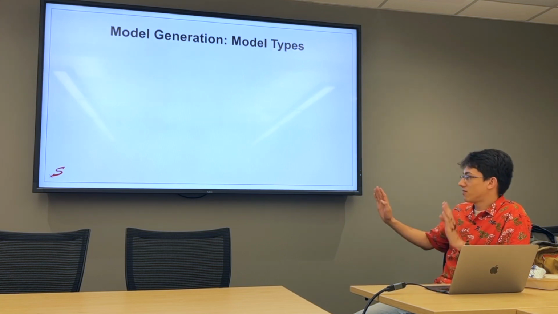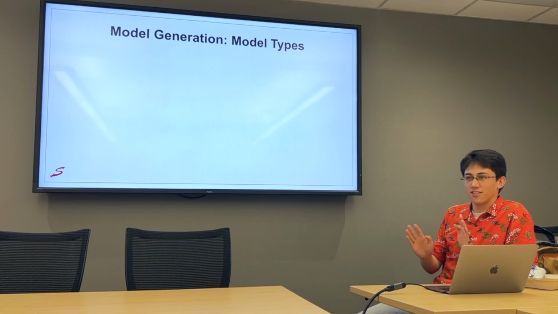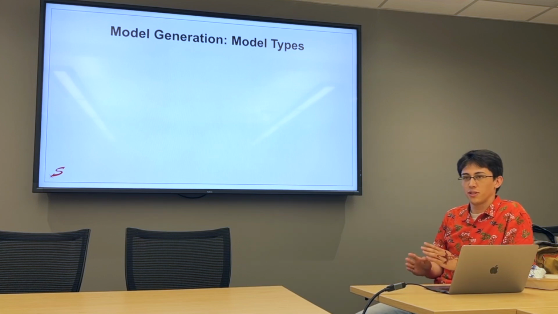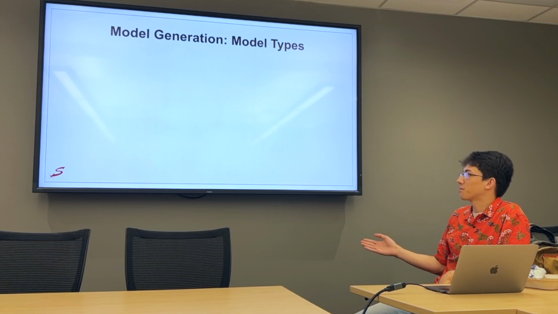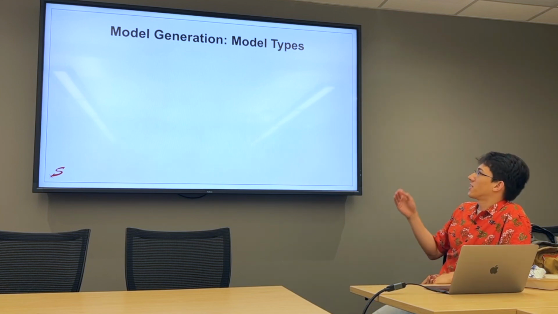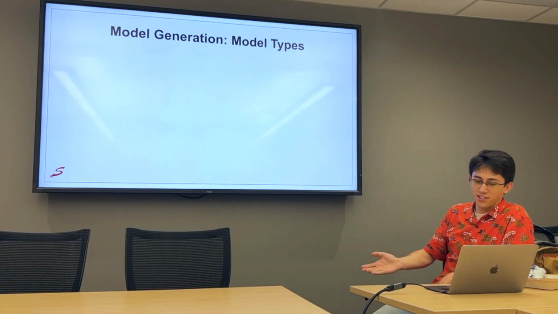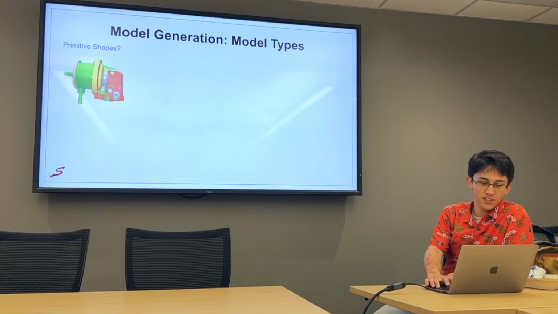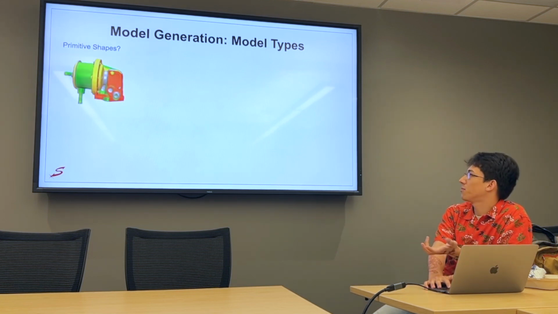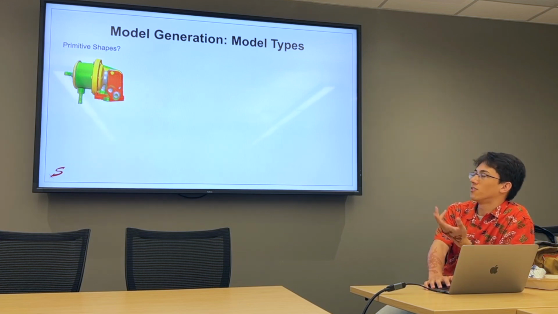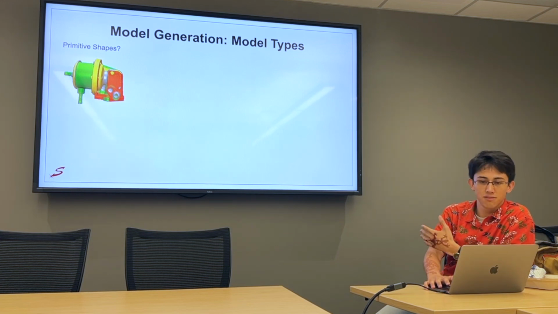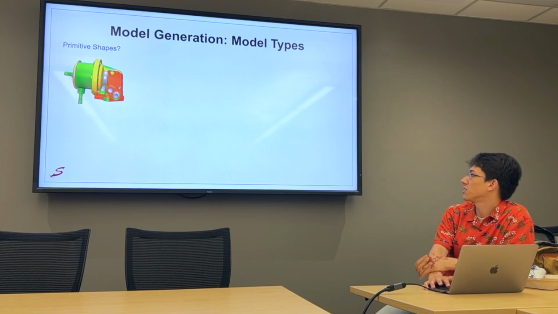Okay, so anyway, for the model alignment, I was like, okay, cool. We got a pretty good result. We can move on to the actual model generation. Now, the first thing to consider is, what kind of model do we want to output? And there are so many options. Do we want primitive shapes, like cones, planes, cylinders, things like that?